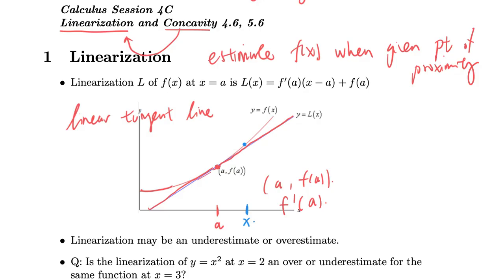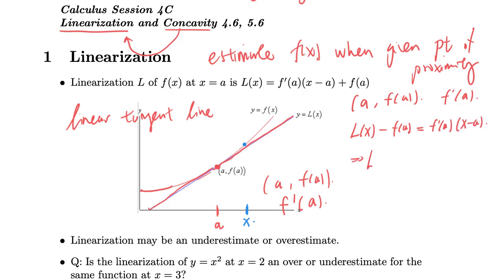So what we can do is use point slope form. This L of x passes through a, f of a, and it has a slope of f prime of a, because the tangent line at point a is exactly equal to the derivative at a. So then we have L of x minus f of a is equal to f prime of a times x minus a.